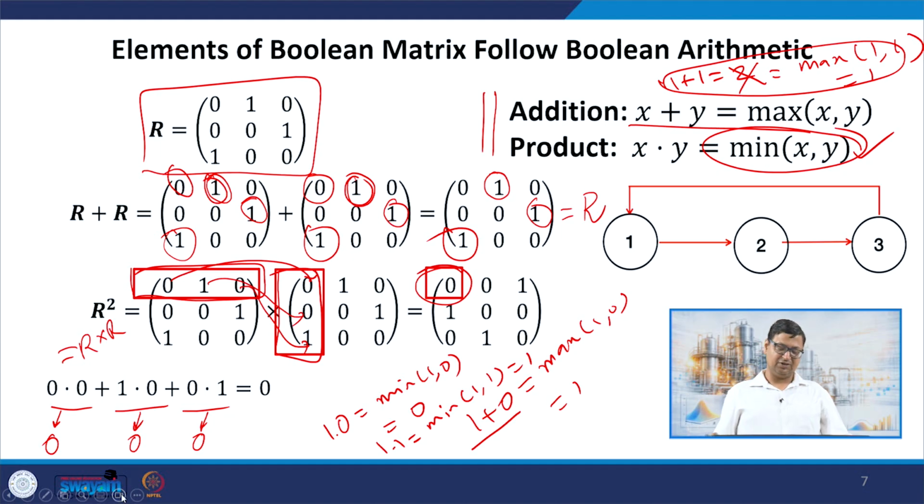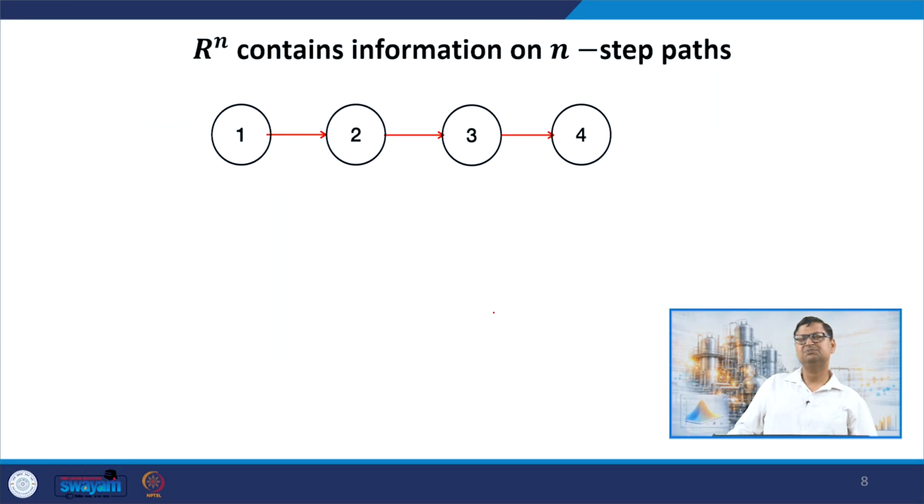Similarly I can do this for all the elements in the matrix, and I get R square, and I can go ahead and do R cube, R4, all the powers of R. And there is something interesting about these powers of R. The powers of R basically contain information on the n step path. Let us say R to the power n gives me information regarding all the n step paths that we have in the graph. Let me start with this simple graph.